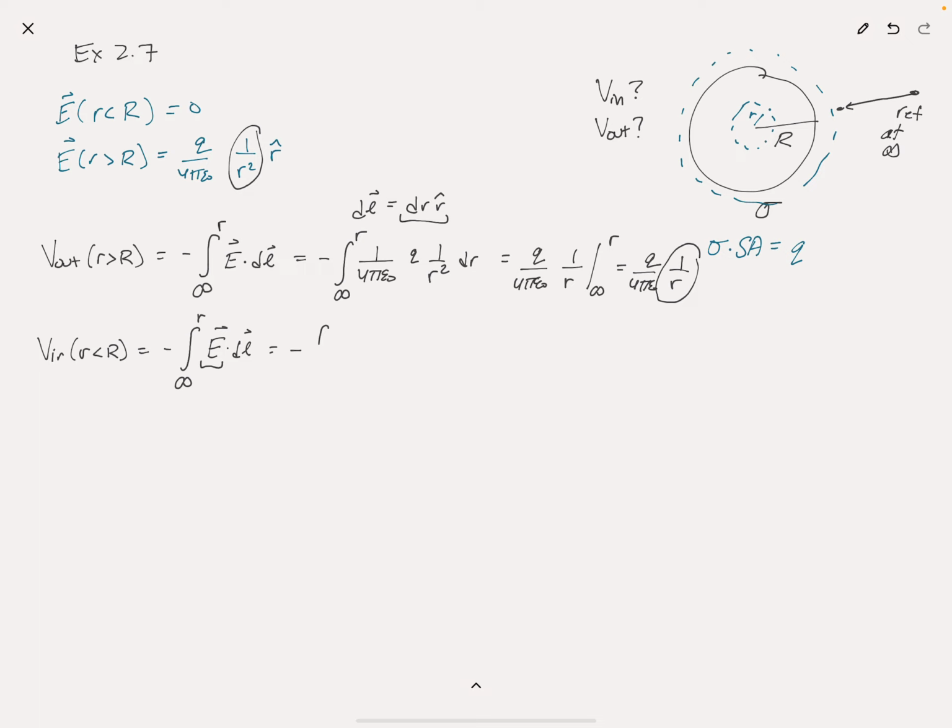So minus infinity to capital R, where I know that my electric field is Q over 4 pi epsilon naught 1 over r squared. I'm going to do that same simple path, dr, and then I'm going to integrate from big R to my position little r, wherever that is, inside of my sphere. My electric field inside there is 0.